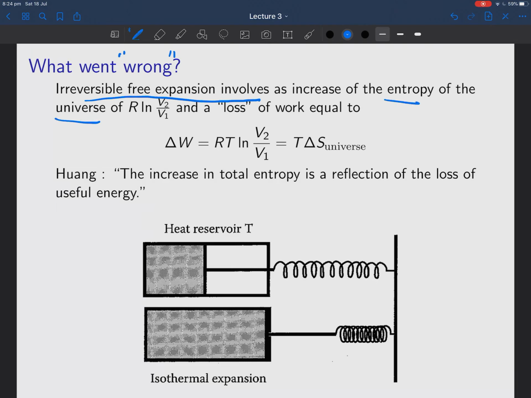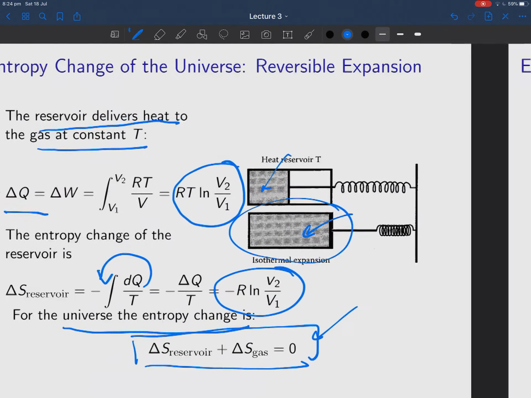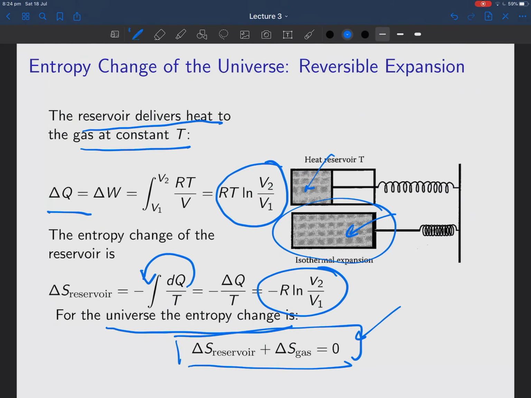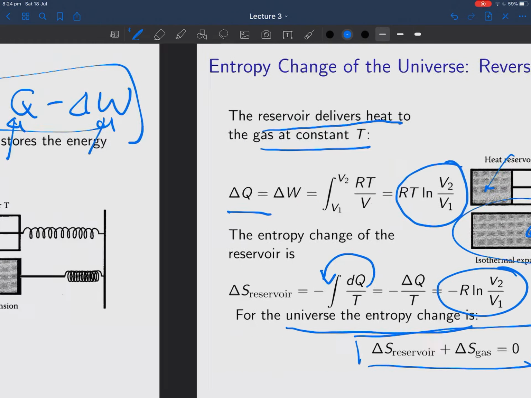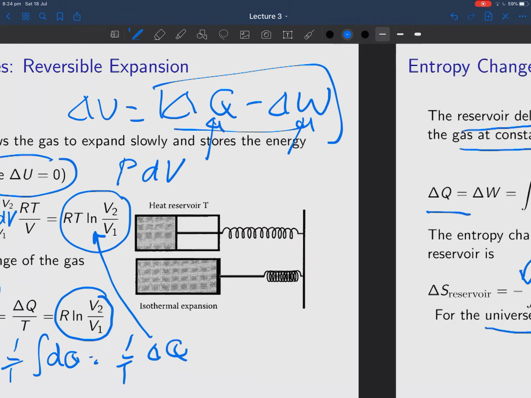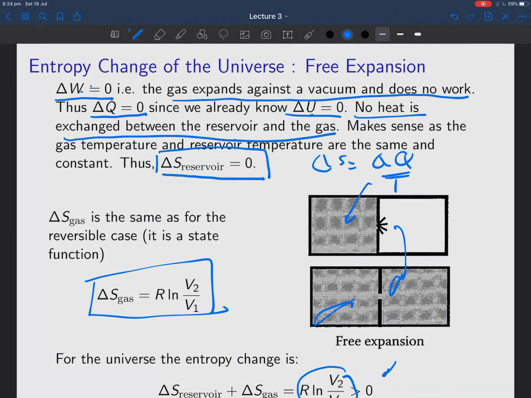The irreversible free expansion involves an increase of the entropy of the universe of that, and a loss of work equal to RT log V2 on V1, which is T delta S universe. Remember, for the reversible case, back here, we did some work against the spring. The spring stored some energy. It stored that much. We stored some energy in the spring.